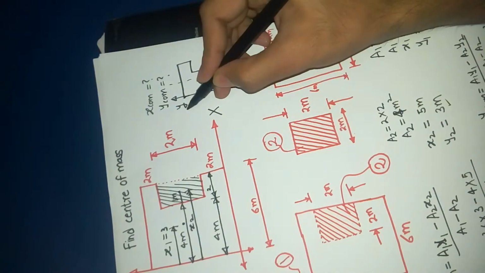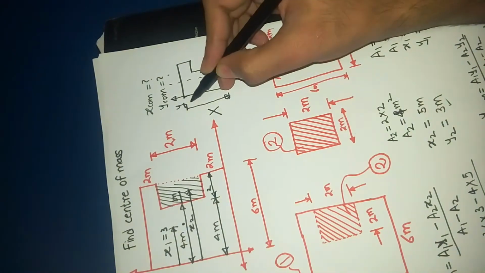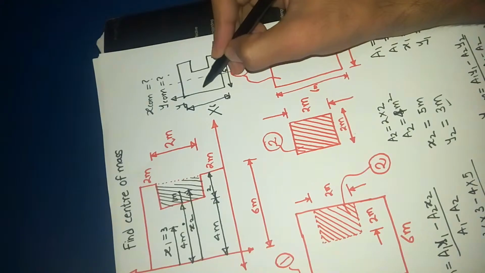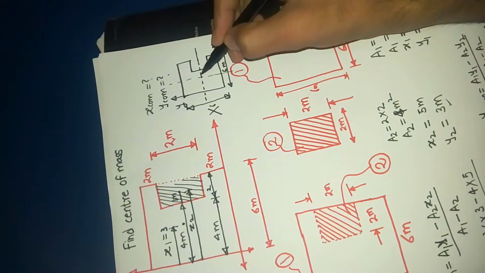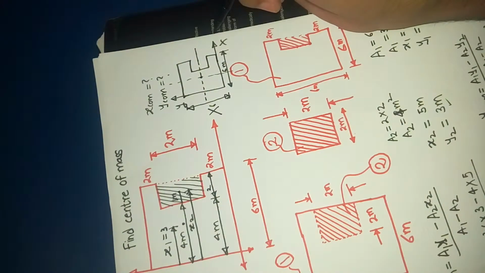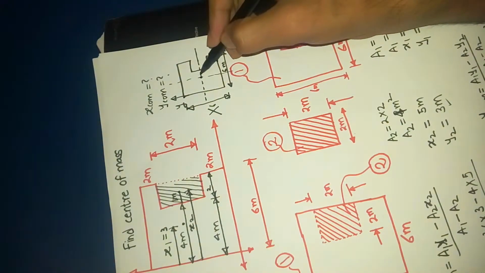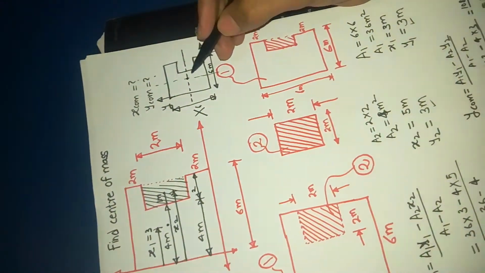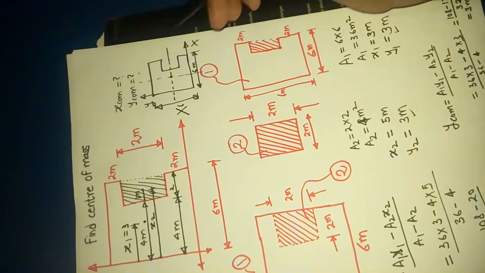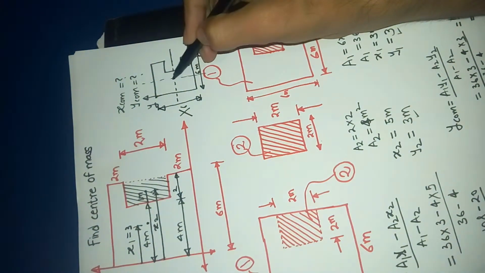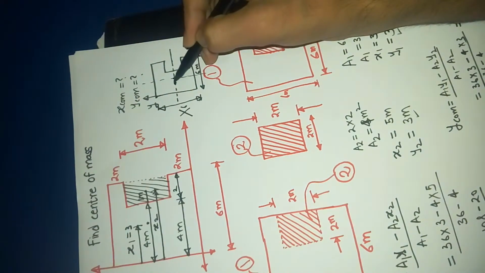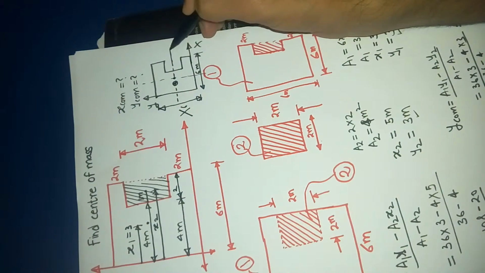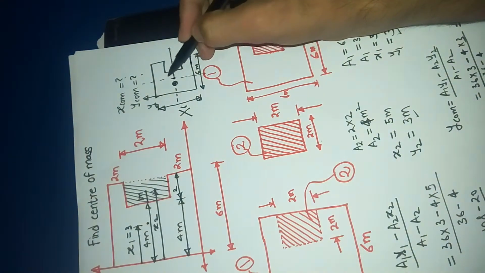This much is 6 meter, this much is 6 meter, so its half would be 3 meters. They are meeting over here. Our x is 2.75 right now. This axis is of 3 meters, so 2.75 may be lying somewhere here, on the line which is y equal to 3. So this is the center of mass for this figure.